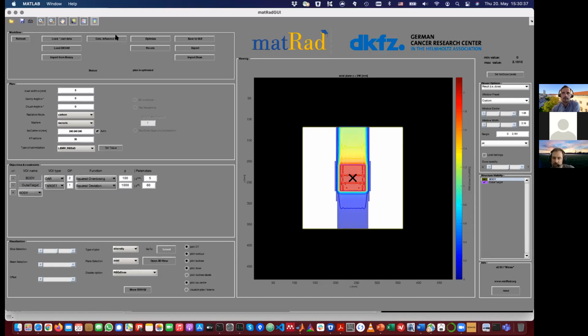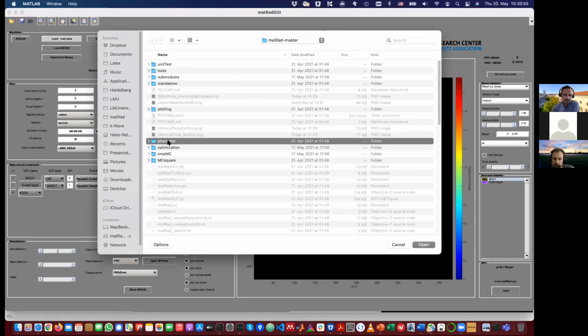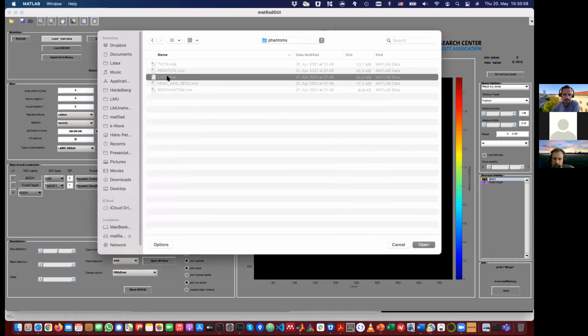All right, then I would suggest to move on to the next task. And for this, we load our beloved liver patient. We again navigate to our phantoms folder and now load the liver patient.